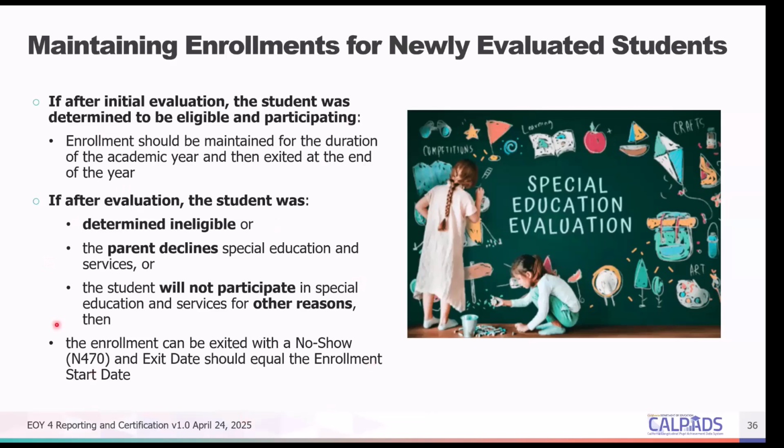There is an error later on that I will show you, that could be based on the scenario. So if the student declines, or if at some point the student was participating and then at the end of the year the student was determined to no longer be eligible or just decides to not participate, then of course the meeting and the SWD status must be updated.